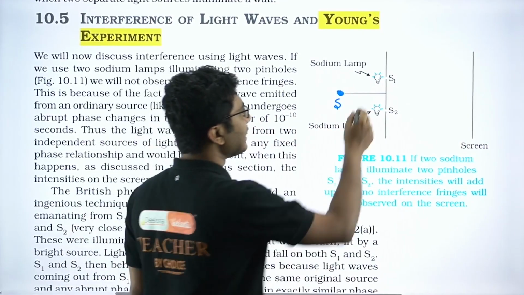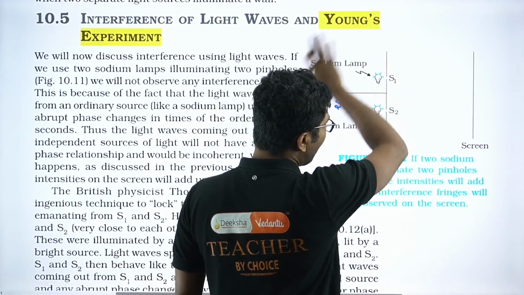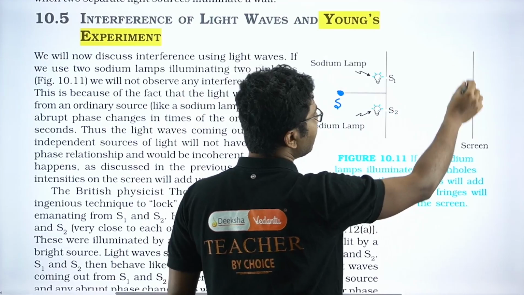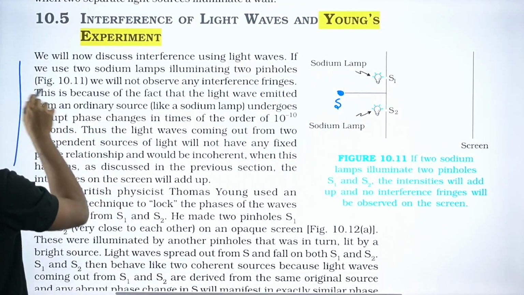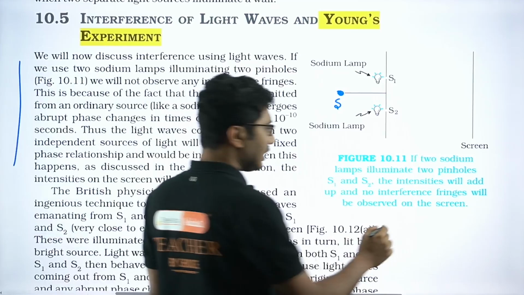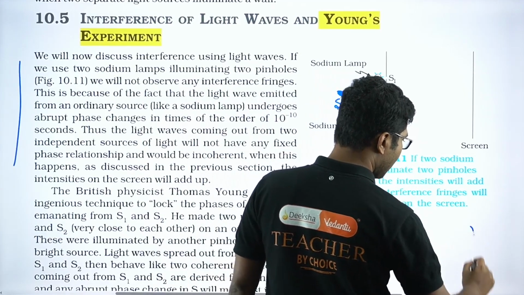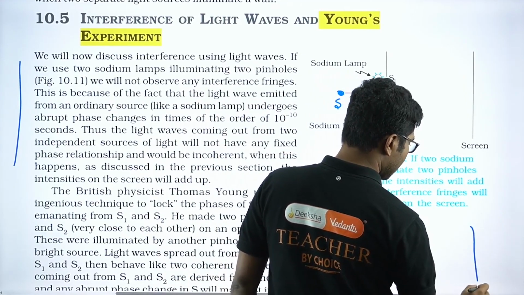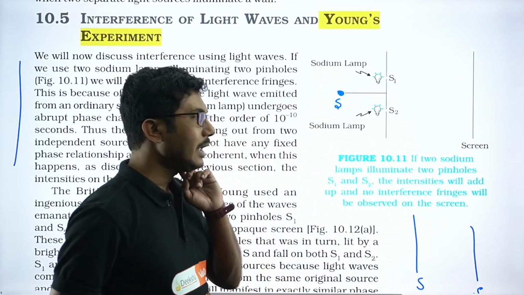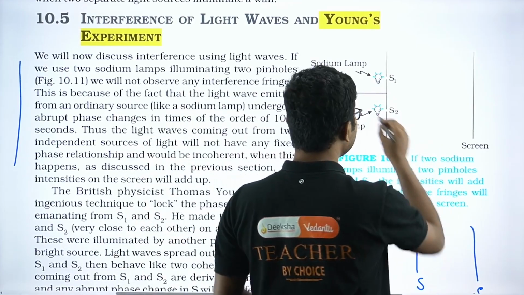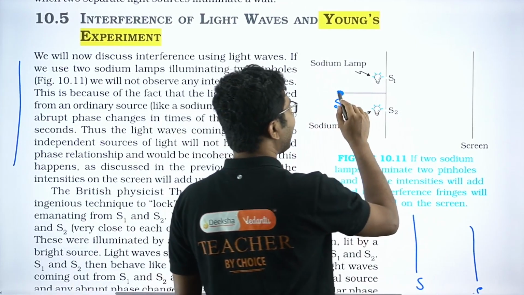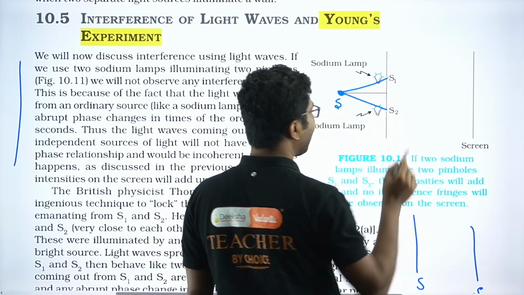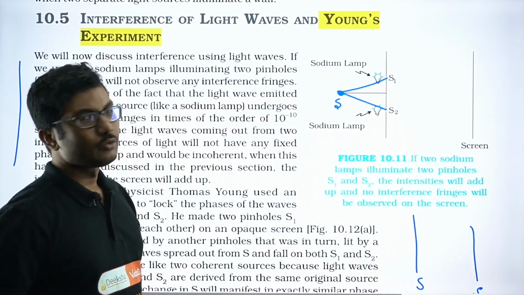Okay, so here he has one slit, and this is a top view. From the front view, a slit looks like a line, just like a line. So he has created two slits. This is slit number 1, this is slit number 2, from the front. Behind these slits there is a single source of light, and from this single source the light is coming and is divided into two different sources.